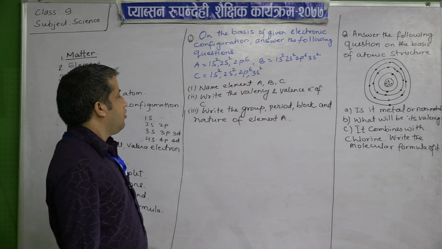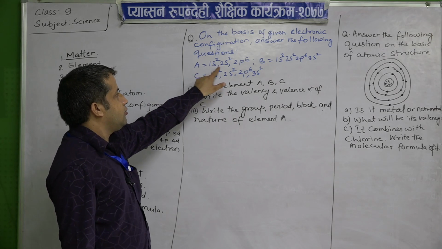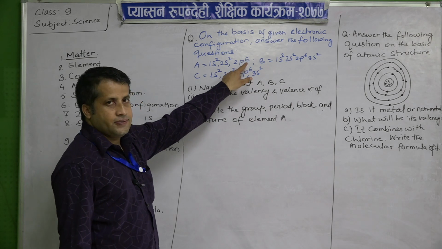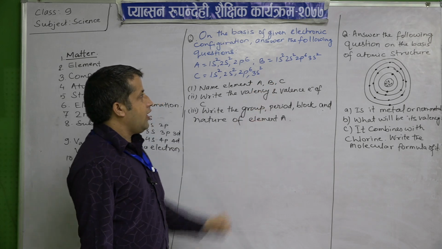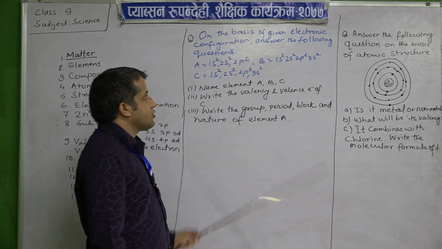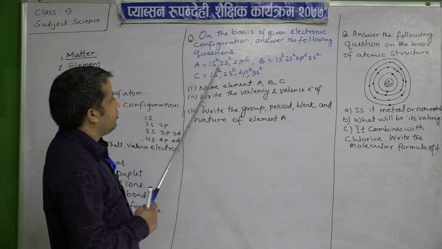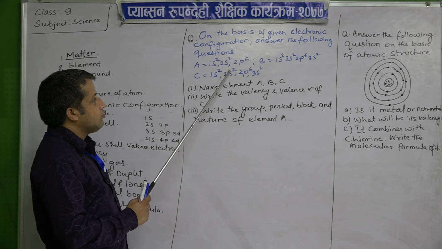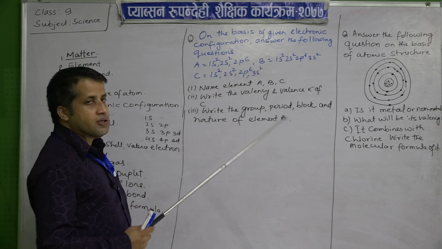A is given with 1s2, 2s2, 2p6, and B is given with 1s2, 2s2, 2p6, 3s2, whereas C is given with 1s2, 2s2, 2p6 and 3s2.